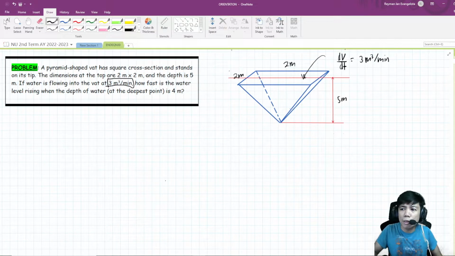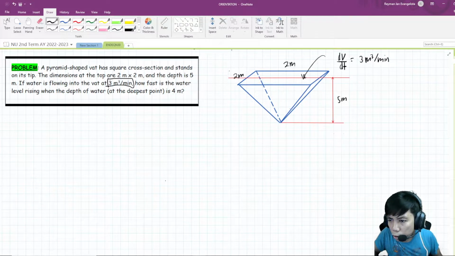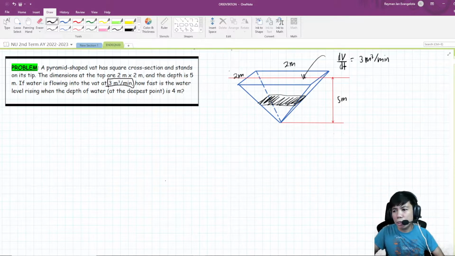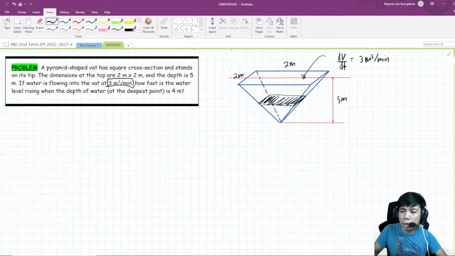Okay? Then, let's say ito yung level ng tubig. So, let's say somewhere dito, ito yung top surface ng ating tubig. So, let's say yung side length ng upper surface is x.